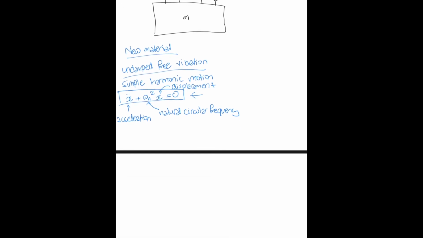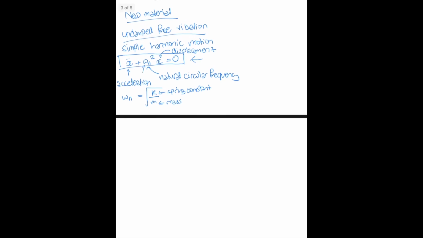Now, how do we find the natural circular frequency? The equation for the natural circular frequency is actually the spring constant over the mass all under the square root. So this is how you find the value over here. And then, for our question, to find the natural frequency fn, it's going to be the natural circular frequency over 2 pi.